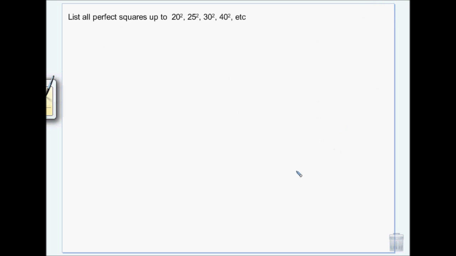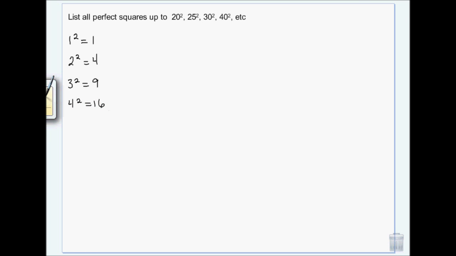All right, so we're going to list all of the perfect squares up to 20, and then 25, 30, and 40, and stuff like that. So 1 squared is 1, because it's 1 times 1. 2 squared is 4, because it's 2 times 2. 3 squared is 9. 4 squared is 16.